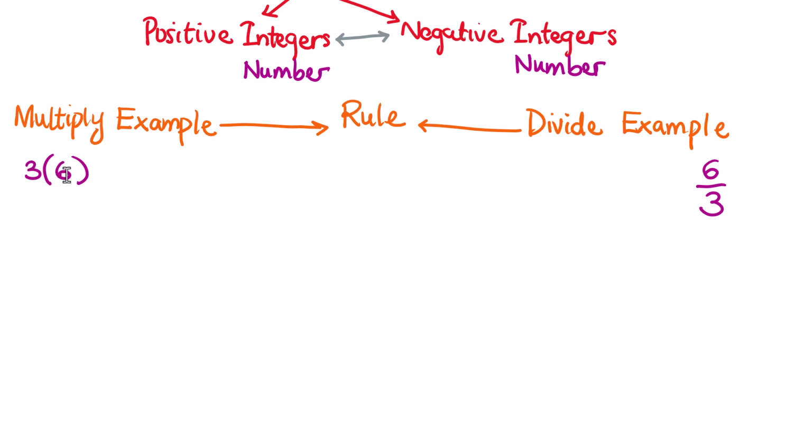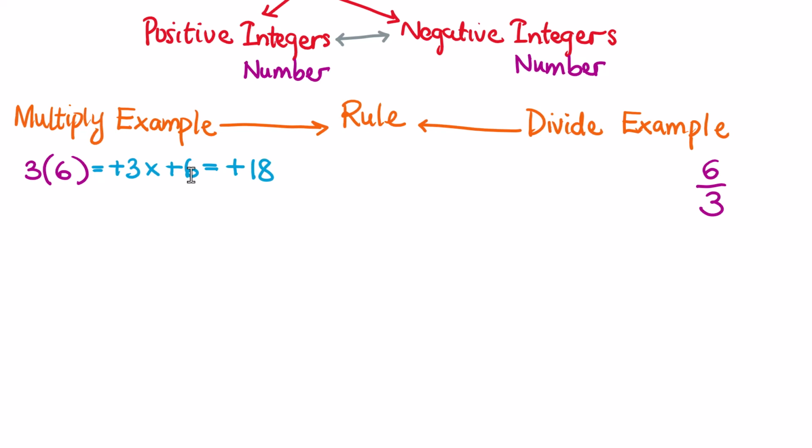This here is the same thing as positive 3 times positive 6, and what we recognize is that a positive integer or number times a positive number gives you a positive result, and 3 times 6 gives you 18.